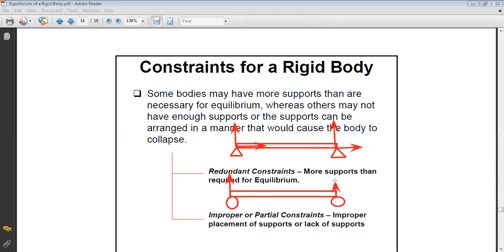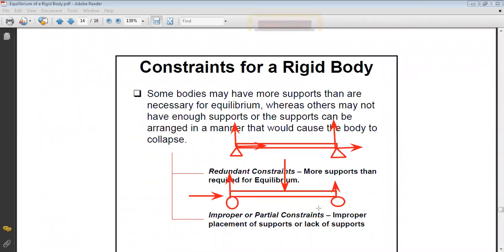This is called partial constraints because in this case, for example, if I put a force in X direction, can my system oppose this force? No, it cannot. It will only be able to oppose the forces in Y, but it cannot oppose a force in X.